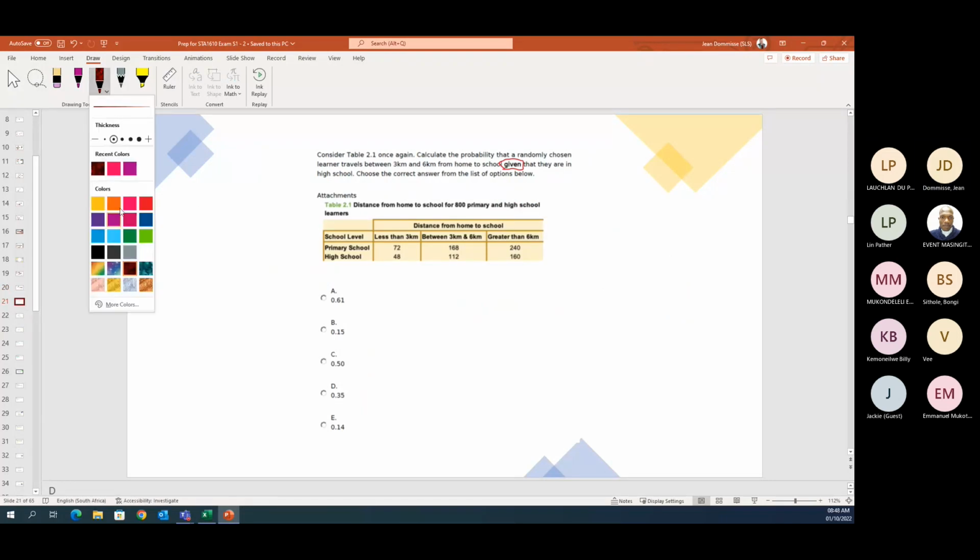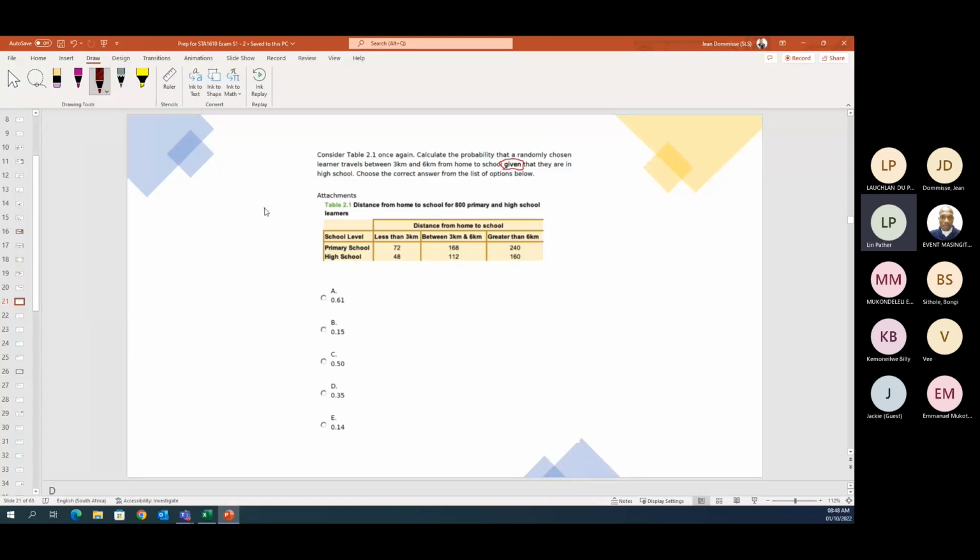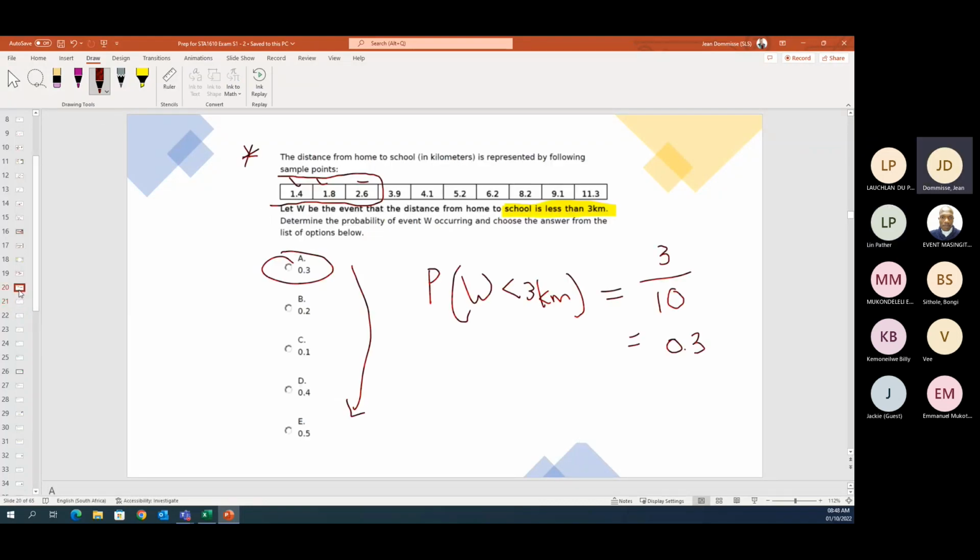Yes, Lynn. Sorry, John, I'll be quick. How come we didn't use the actual values of the first 3 points? They haven't asked us what's the average of the 3 students or the mean.